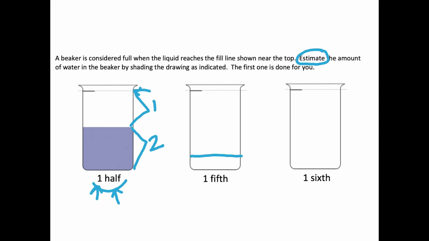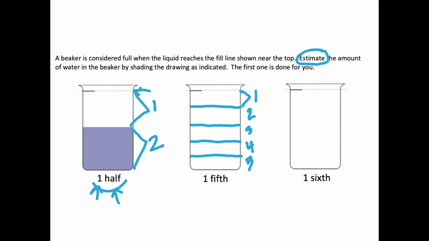And again, we're estimating. So it doesn't have to be perfect. I'm going to draw 4 lines. And I'm going to see, that looks pretty equal, right? Each one of these parts looks pretty equal. Let's just count to make sure that my trick worked. So I have 1 part, 2, 3, 4, 5. So I have 5 equal parts.